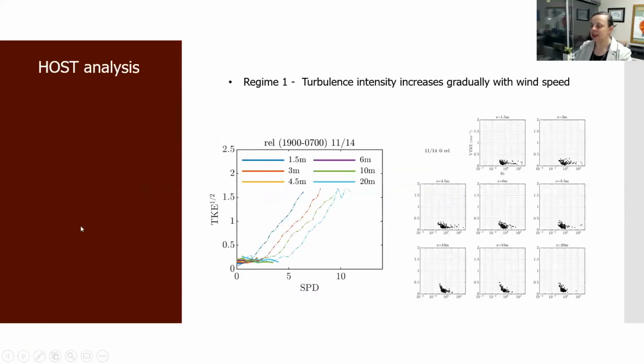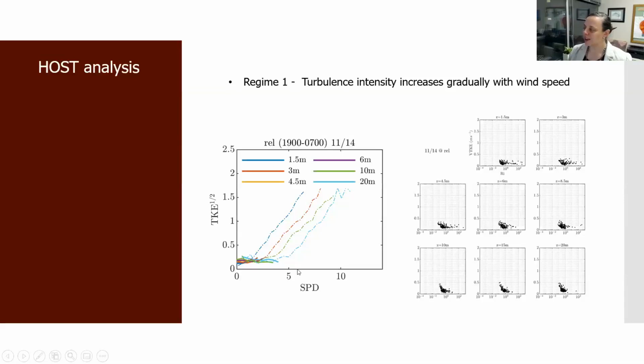And looking at this, I don't know if this is good news or bad news, but the good news is we have examples of all 3 regimes, and I'm going to show you those now. So in regime 1, where turbulence intensity increases gradually with wind speed, these dotted lines are the data from CASES-99, which Jielun used to identify the threshold wind speed and propose some of this theory.